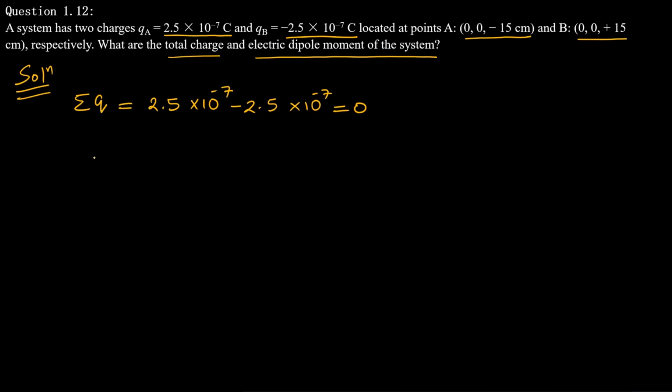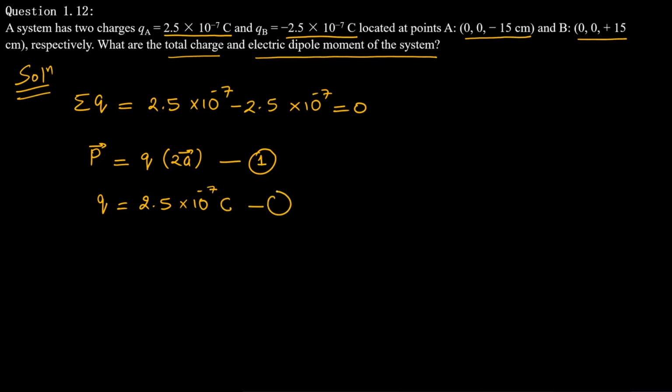Now if I talk about the electric dipole moment, what we say is Q into 2A vector. Am I right? Now here the magnitude of charge will be 2.5 into 10 raised to minus 7 coulomb.